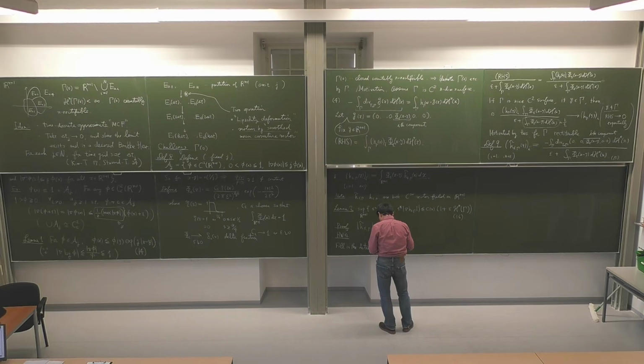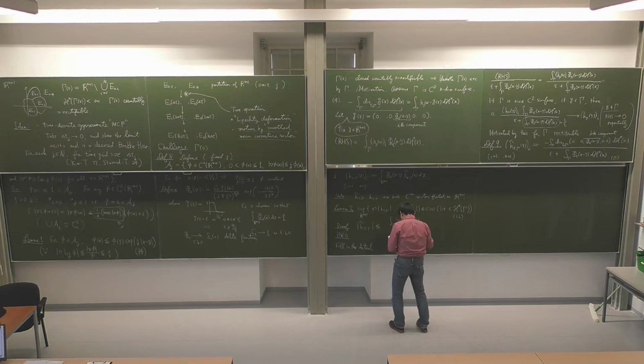So you can check that this is less than or equal to gamma of nabla phi, basically, and epsilon of x minus y, dH^n, divided by epsilon, plus nabla epsilon dH^n.